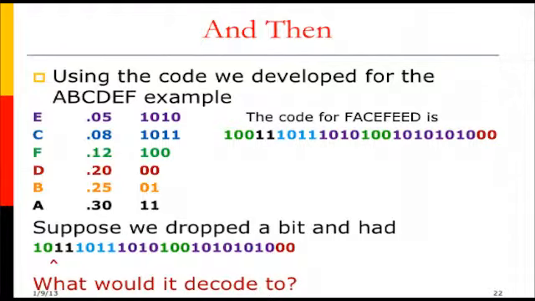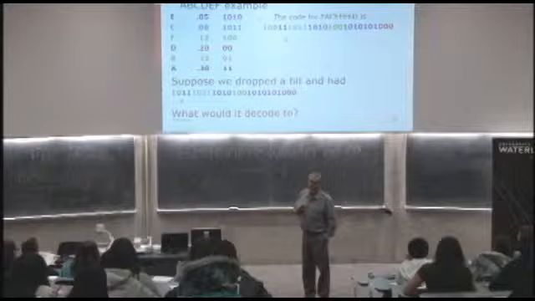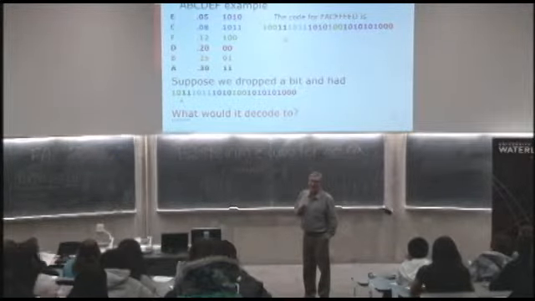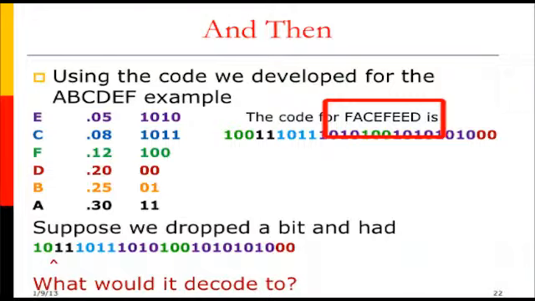What I have up there is a code, and it happens to read out as face feed, because I was trying to get something that was sort of English and used only the first 6 letters of the alphabet. Okay, and then what I did was I transmitted and I dropped a bit. Oh my gosh.